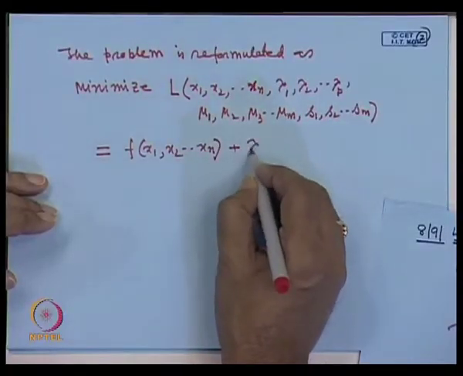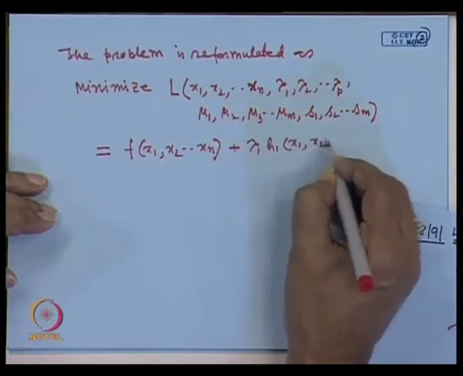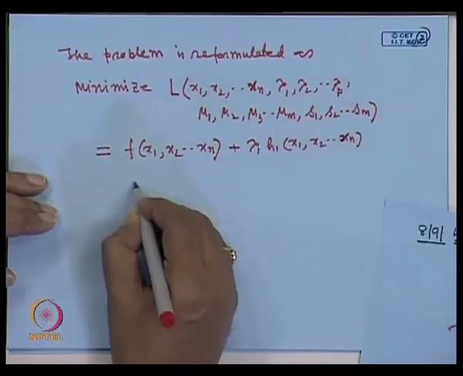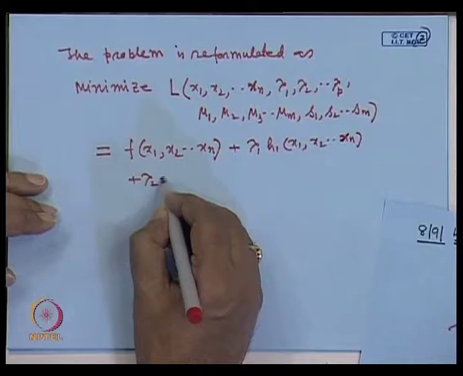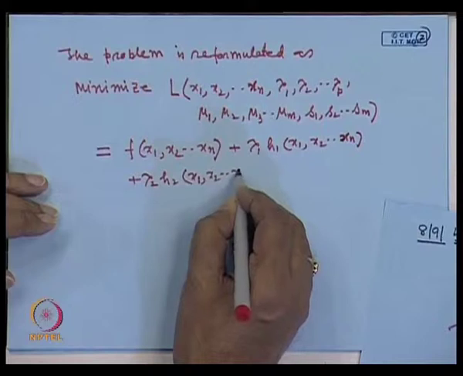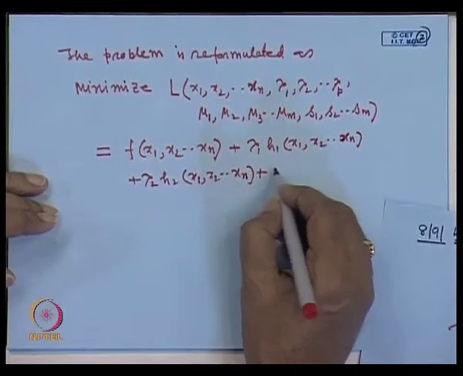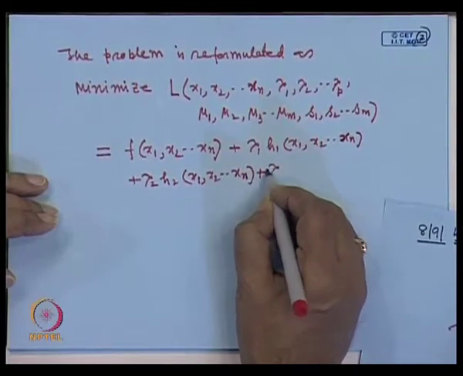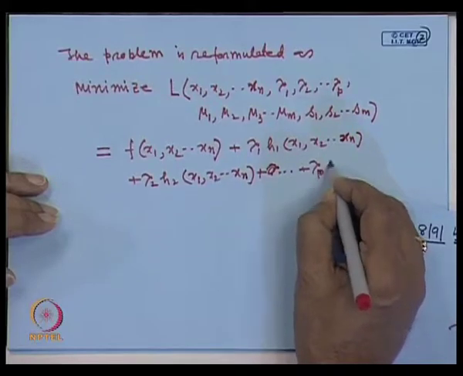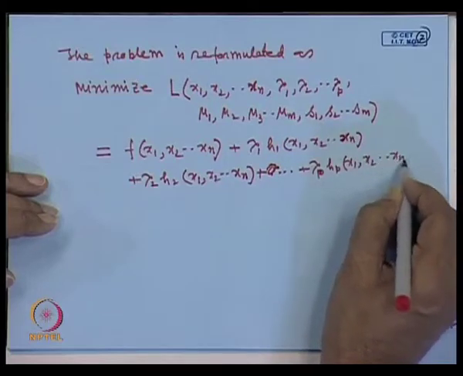So, I can write lambda 1 h 1 of x 1 x 2 dot x n plus lambda 2 h 2 of x 1 x 2 dot x n. We have p such equality constraints, so you can write dot plus lambda p h p of x 1 x 2 dot x n.